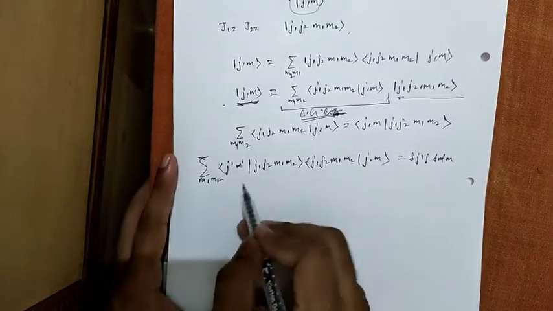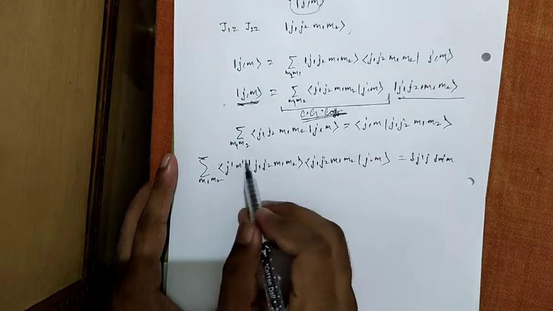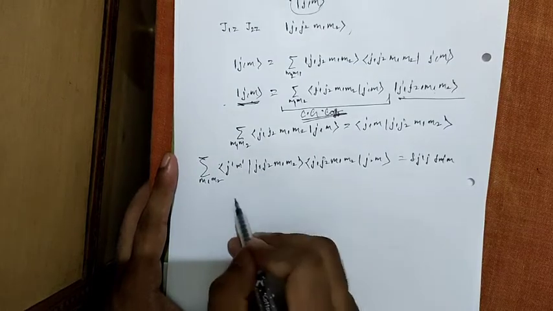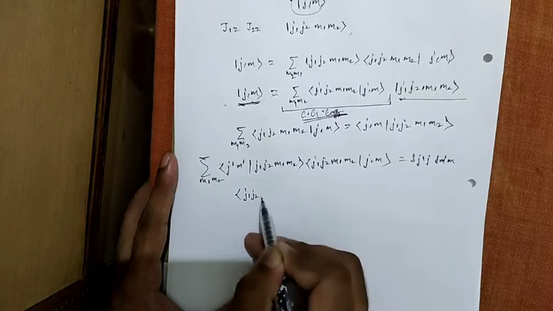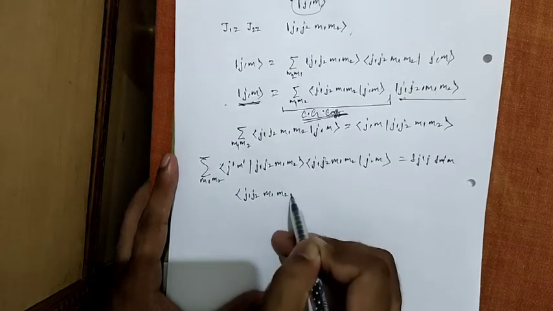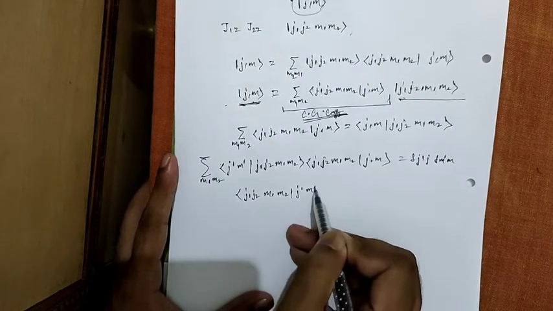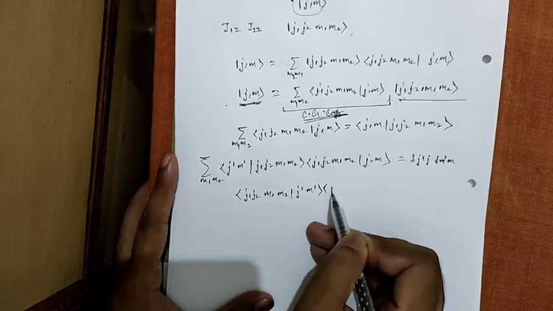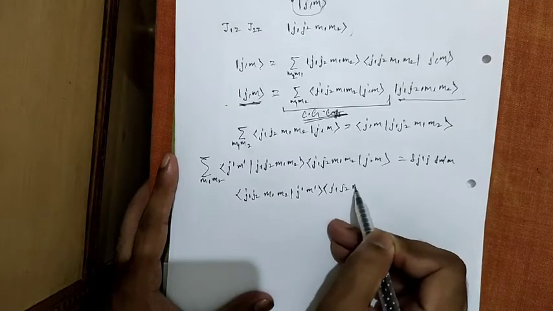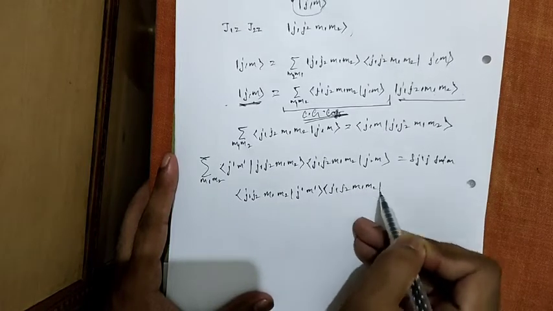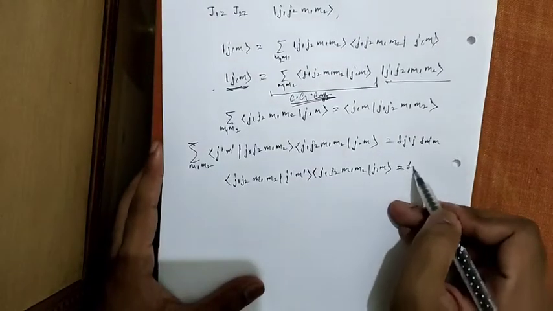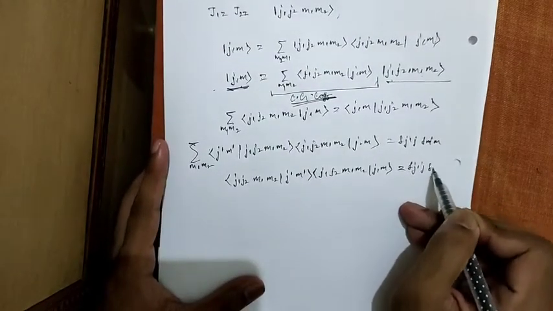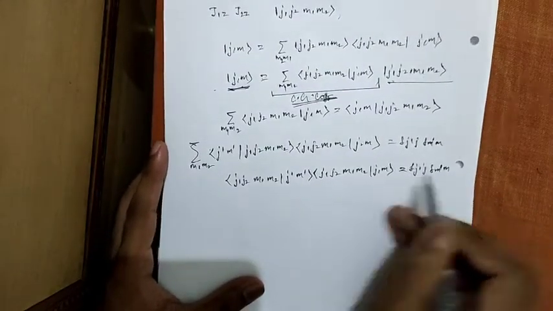On rearranging, as they give real values, we can write them as <J1, J2, M1, M2|J'M'><J1, J2, M1, M2|JM> equals again delta J'J delta M'M.